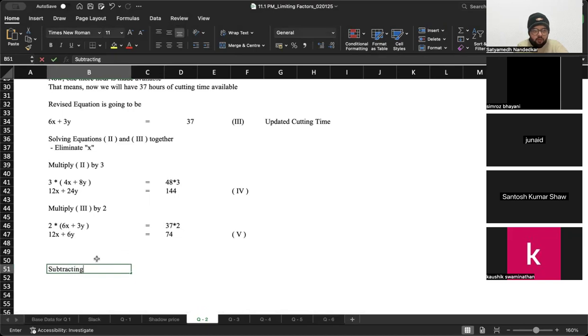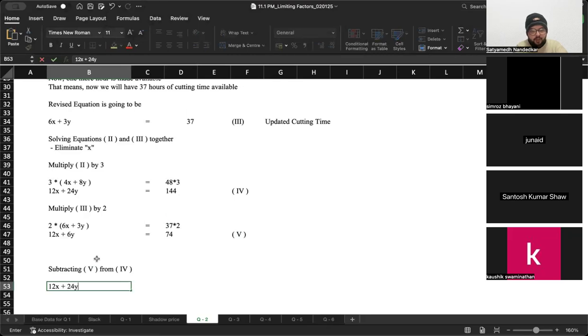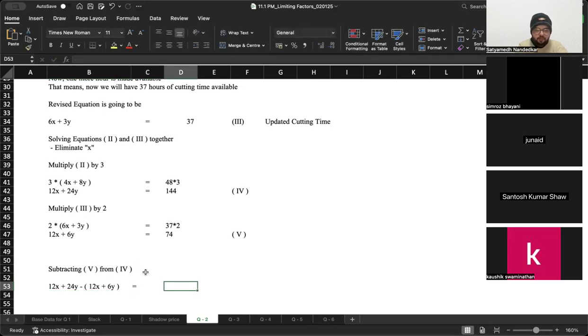Now, subtracting 5 from 4. Okay, so 12x plus 24y minus, in brackets, 12x plus 6y, is equal to 144 minus 74.